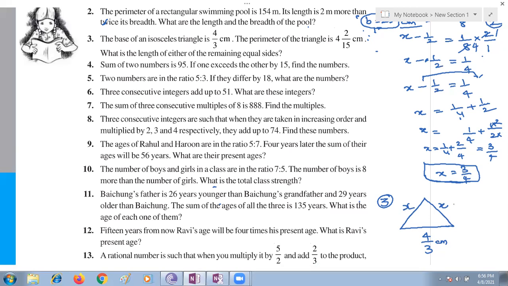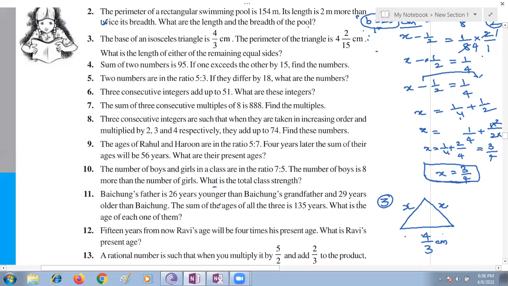Why we discussed this: based on sides we have three types of triangles, and based on angles again we have three more types. Based on sides we take scalene, isosceles and equilateral triangle. In the sum we get, isosceles triangle means two sides are equal. So here I am taking the sides as x, so the other side is also x.